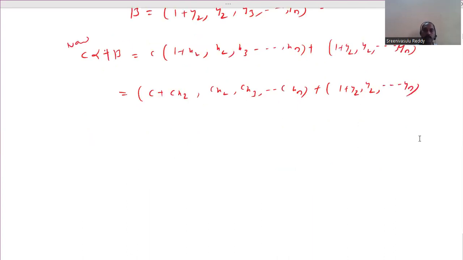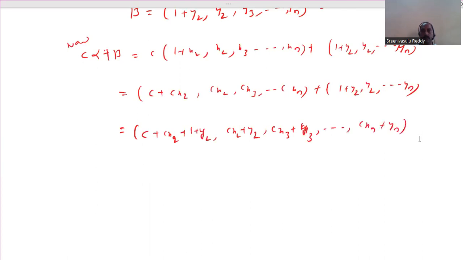Now observe that this is nothing but the sum of two vectors, component-wise addition, giving c x3 plus y3 and so on, cxn plus yn.